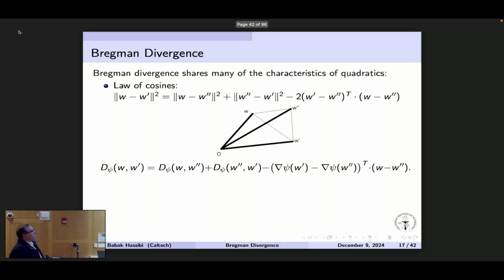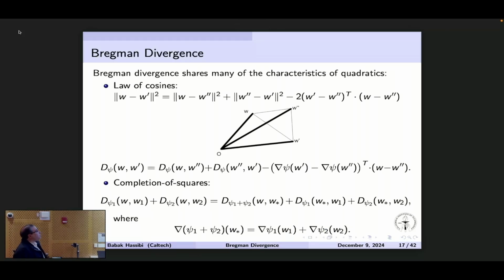There is a Bregman divergence counterpart, which is this. This inner product takes this form. If you take the squared 2-norm, these gradients are just 2 times the weight vector, and you get that back.